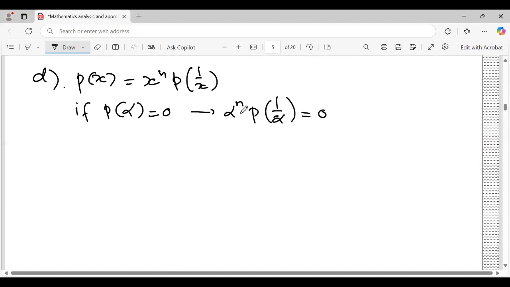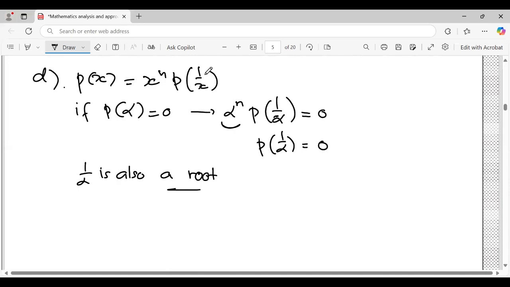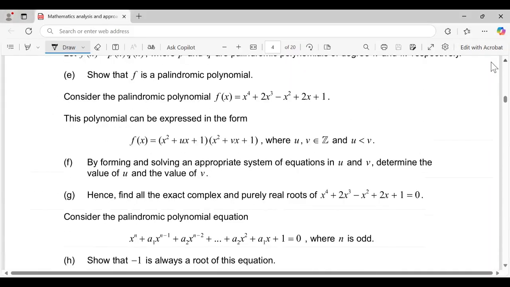Since alpha is not equal to 0, dividing by alpha to the power n, P of 1 over alpha equals 0. Then if P of 1 over alpha equals 0, it means 1 over alpha is also a root. Next question.